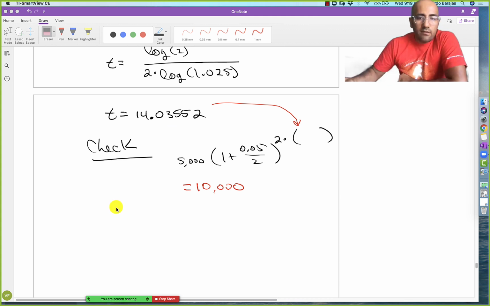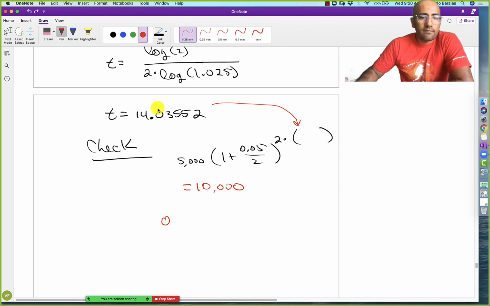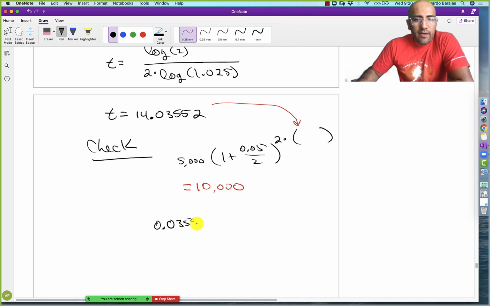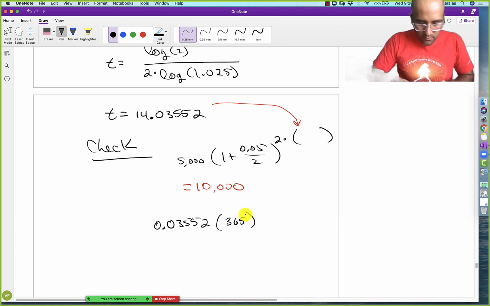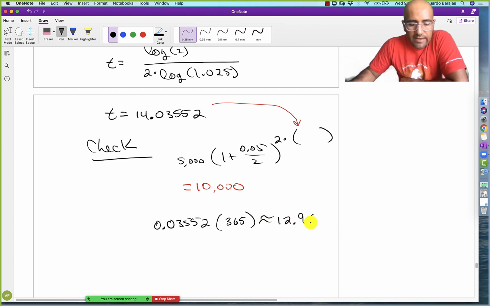So if you take the 0.03552 and multiply it by 365 days, I get approximately 12.96.